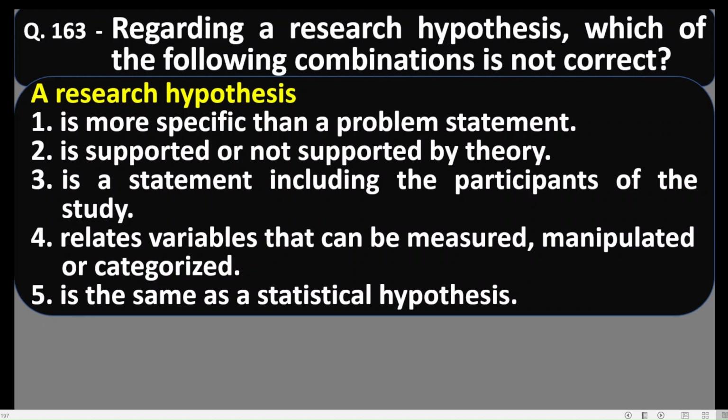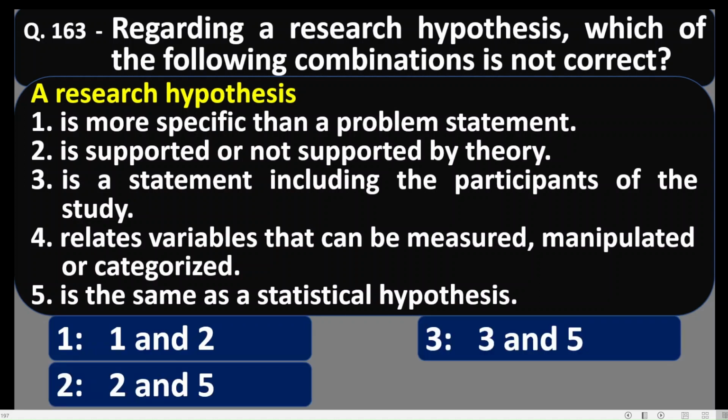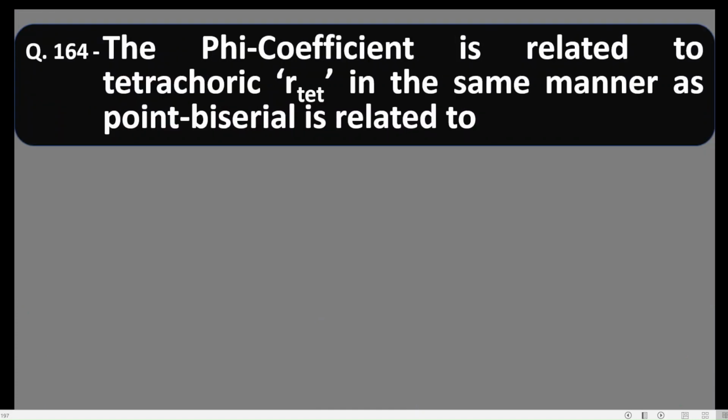It is not the same as the statistical hypothesis. It means statements number 2 and 5 are wrong. Let us see the options: 1 and 2, 2 and 5, 3 and 5, 4 and 2. So the correct answer is option number 2, 2 and 5. The combination of these two statements is false in terms of research hypothesis.